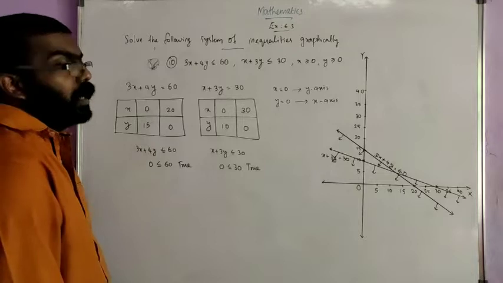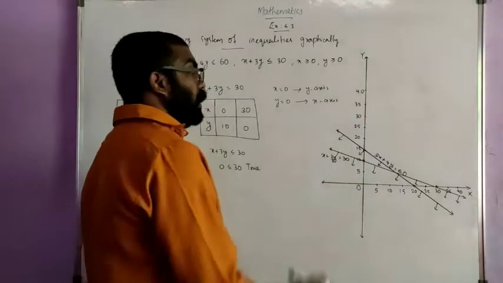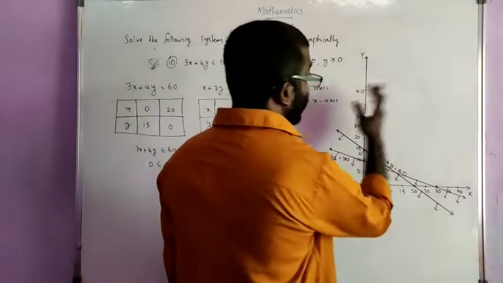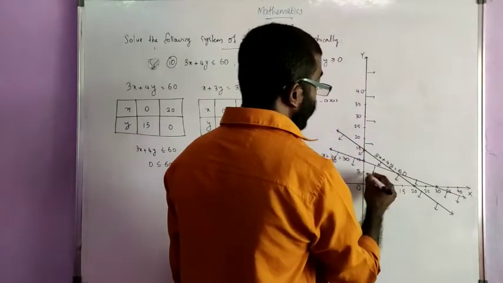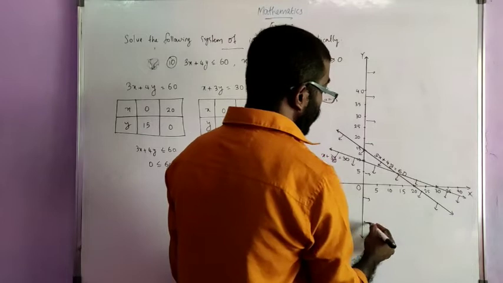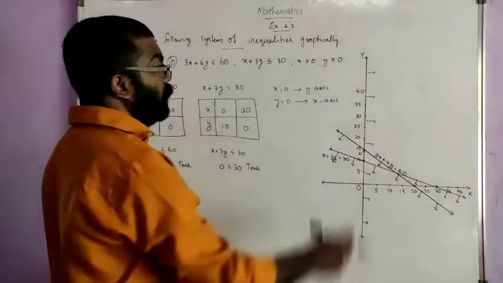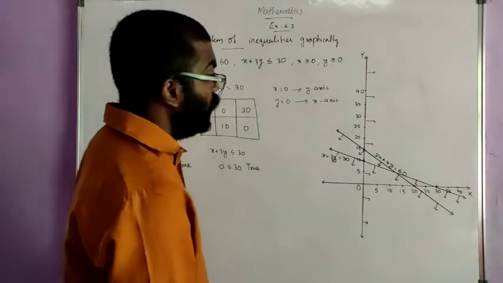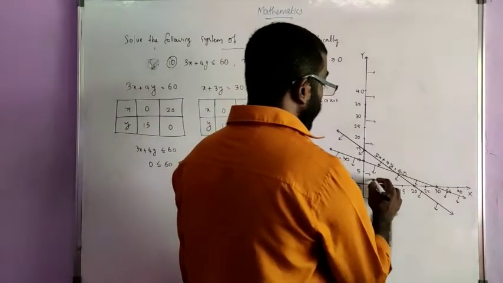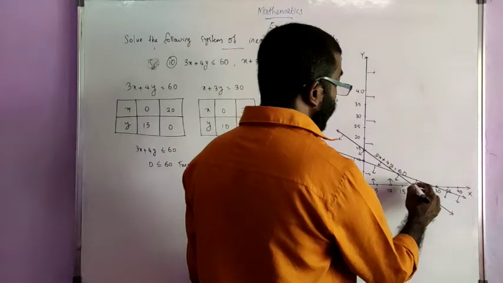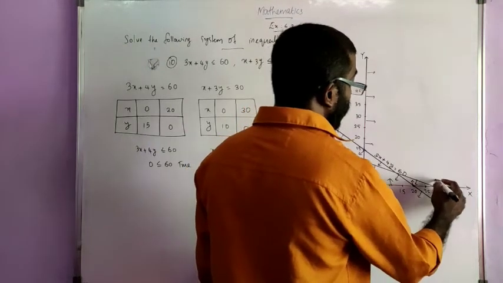Then x greater than or equal to 0. X equal to 0 is y axis. So right side of y axis, right half plane. And y greater than or equal to 0. Y is equal to 0 is x axis. So on the upper part of the x axis, upper half plane.